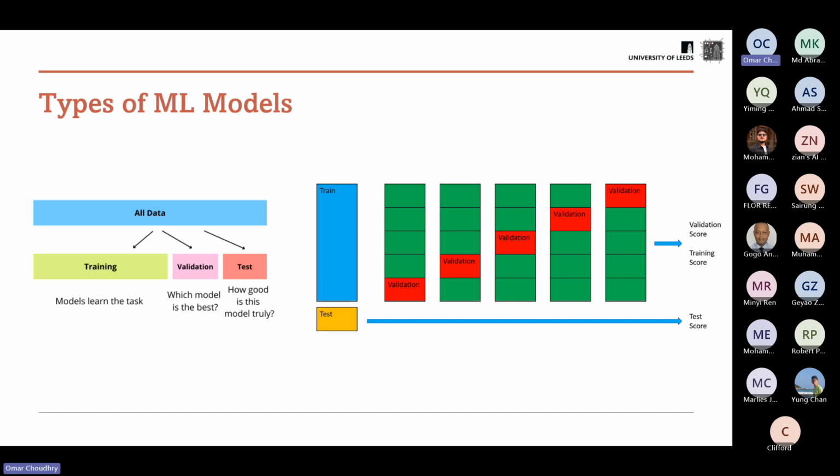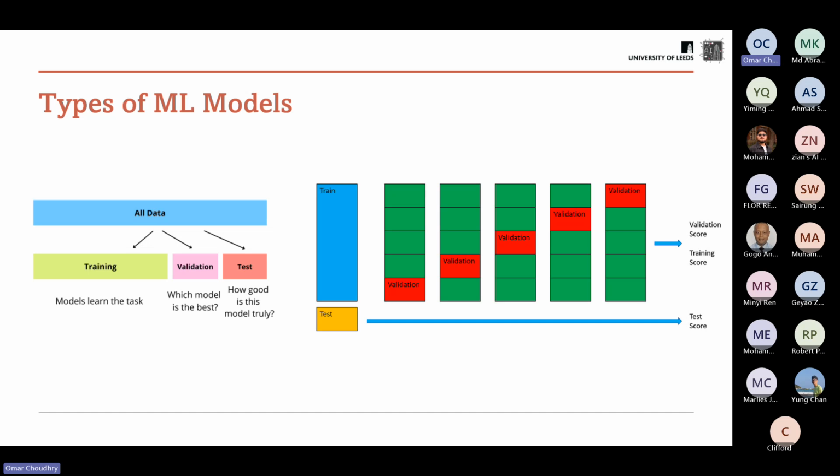What we use the training data for is to build a model that's able to start to learn and start to understand what the task is that we're trying to solve. But the problem is that models can overfit very easily on your training data. And so you need a way of checking how good your model is if you were to give it unseen data that you've never given it before.